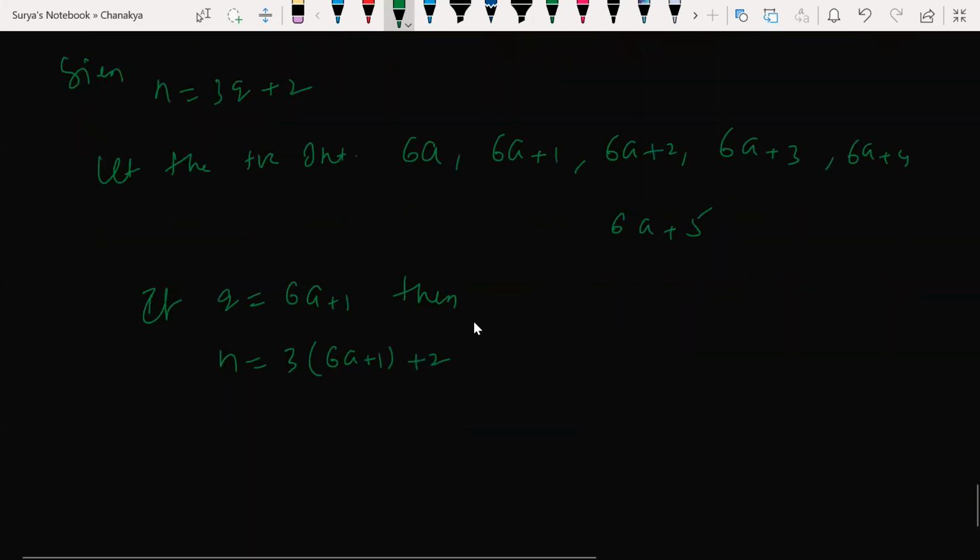Check. N is equal to 18a plus 3 plus 2. Taking 3 common, n is equal to 3 into 6a plus 1 plus 2.